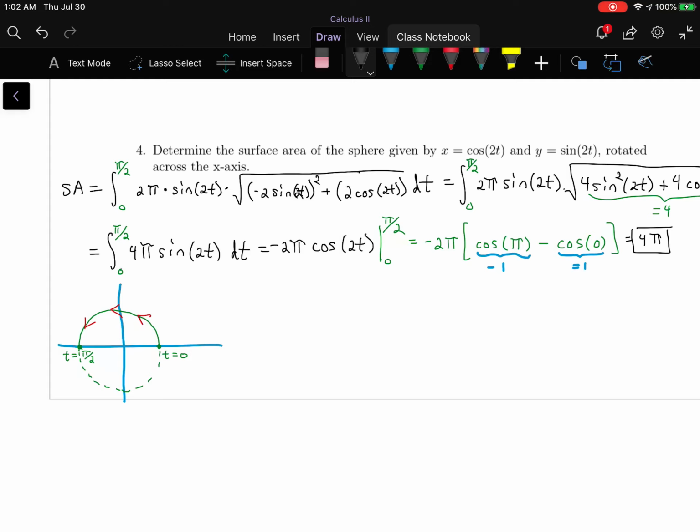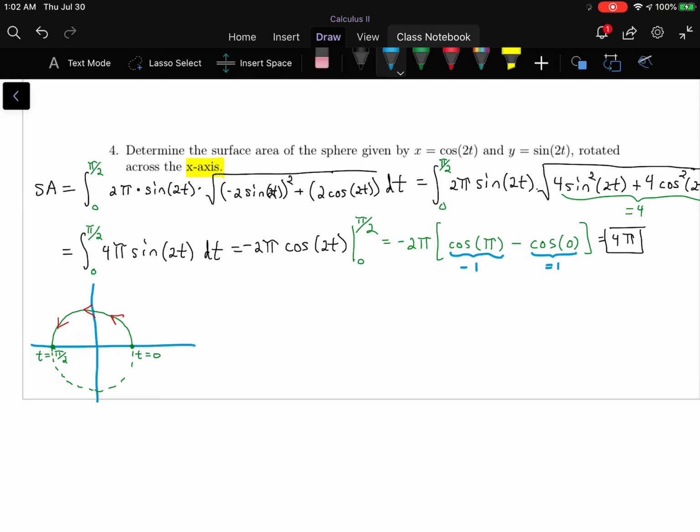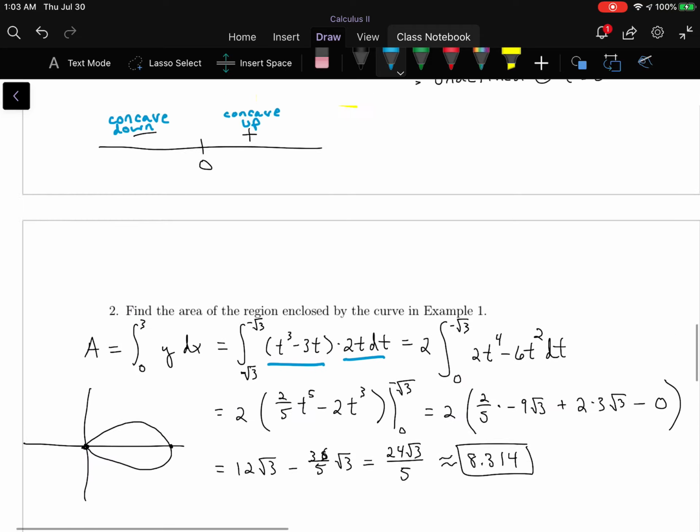I only need the top half because, as the instructions say, we are rotating about the x-axis, so that's going to give us our spherical shape. So it's really from this picture that I discovered what the integration bounds should be, 0 to pi over 2.